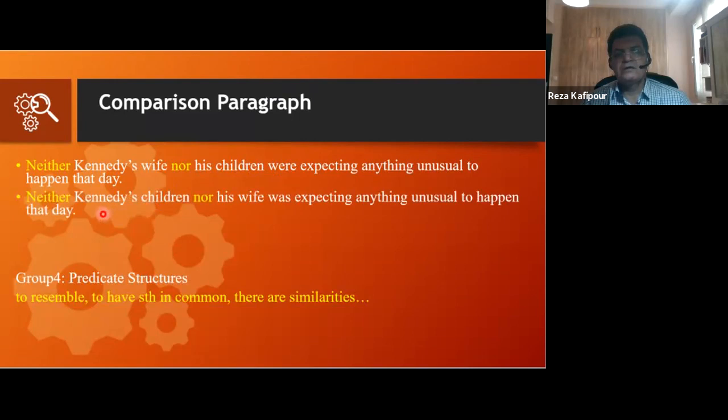But if we change the sentence in this way, neither Kennedy's children nor his wife was expecting, because it should be consistent with wife, was expecting anything unusual to happen that day. As you see, we use neither nor to compare Kennedy's wife and the children and to say that both didn't expect something unusual to happen.